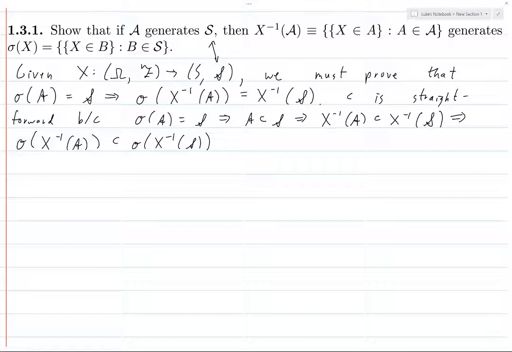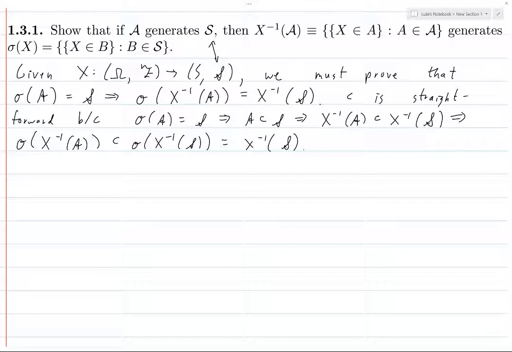But if we look at X inverse of S, sigma of X inverse of S is precisely X inverse of S, because X inverse of S is a sigma algebra. So I guess that's sort of a separate lemma. I don't remember if it's mentioned in the book, but the sigma algebra generated by a sigma algebra is just itself.